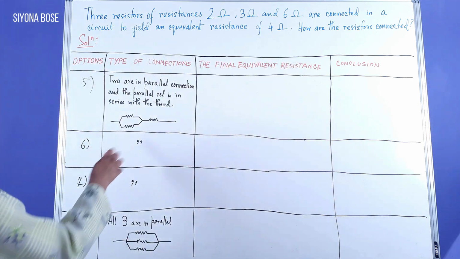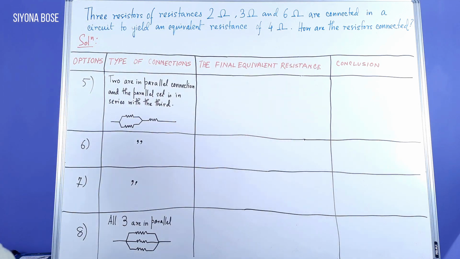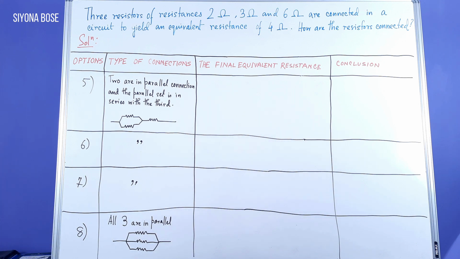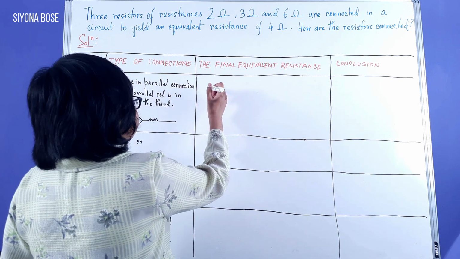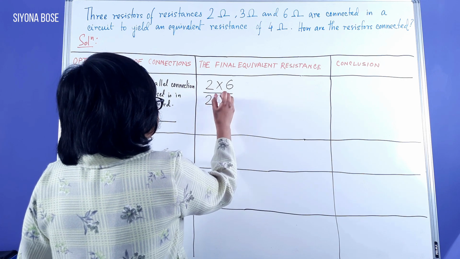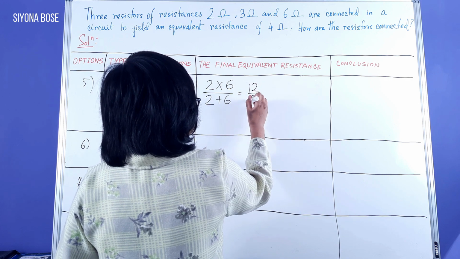In our first possibility, let's take 2 and 6 in the parallel set. Then let's get their equivalent resistance. If we take 2 and 6 in parallel, then we get the equivalent resistance as 2 into 6 by 2 plus 6, equal to 12 by 8.